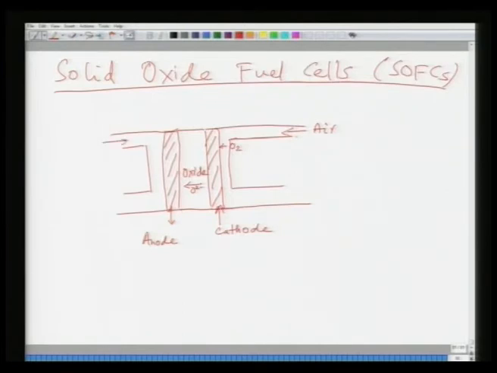You provide fuel from this side, typically hydrogen, and this hydrogen reacts with oxygen, giving rise to H2O plus unused gases, because the fuel may not be burnt completely.